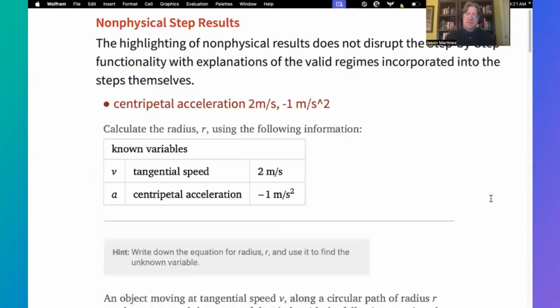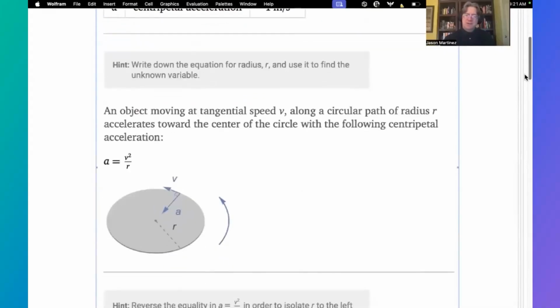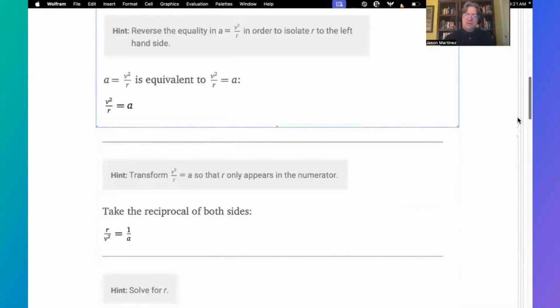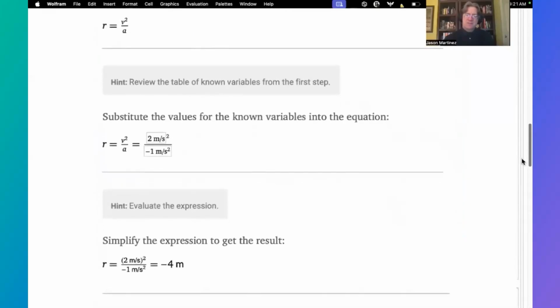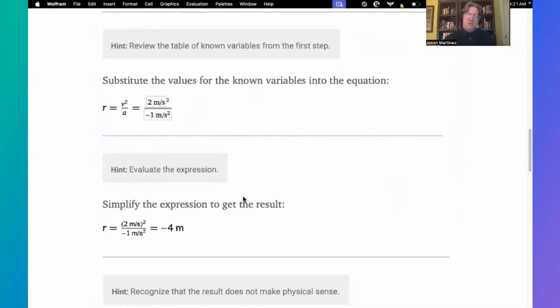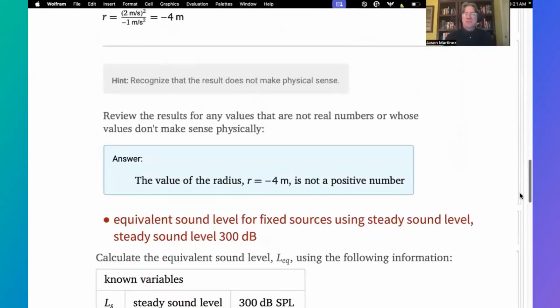So in terms of steps, like I said, we still provide all the steps. So if we did our case where we get a negative radius, and you clicked on the step-by-step button, you would get this set of steps here, and it would go through, show you how to do all the calculations, do the algebraic manipulation, put in the values, simplify the result, and then it would tell you that, hey, this doesn't make any physical sense.